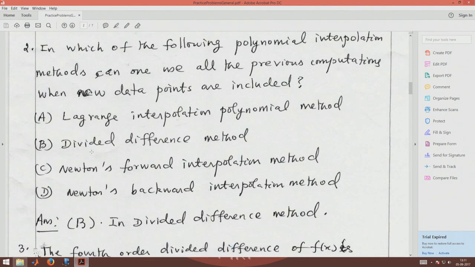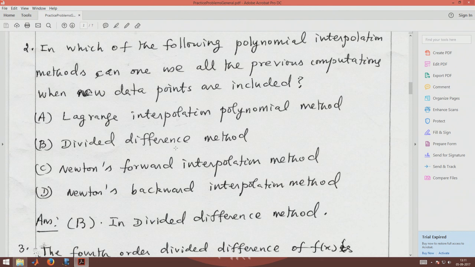Then you have another question which comes in interpolation again. In which of the following polynomial interpolation methods can one use all the previous computations when new data points are included? We have already discussed this in the class and therefore, I straight away go to the answer.